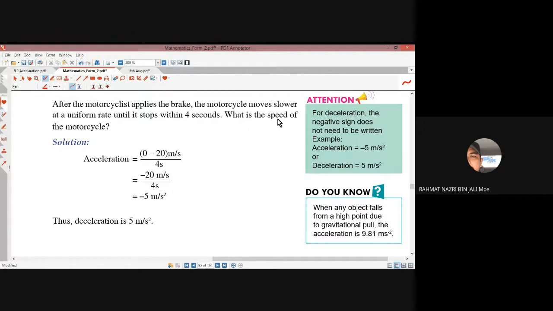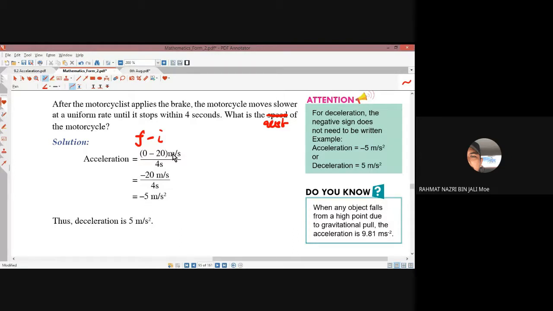What is the acceleration of the motorcycle? So the final speed minus initial, tadi 20, and then we get the negative.